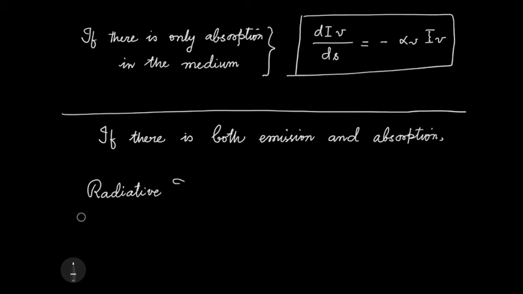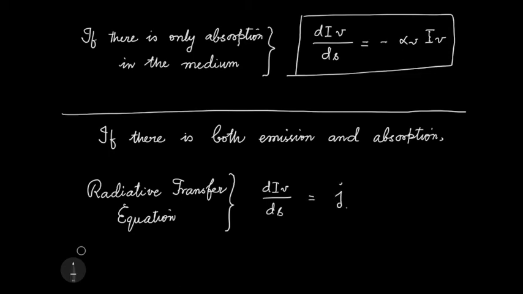In this case, the radiative transfer equation will just have both the effects. So dI nu ds is j nu minus alpha nu I nu.